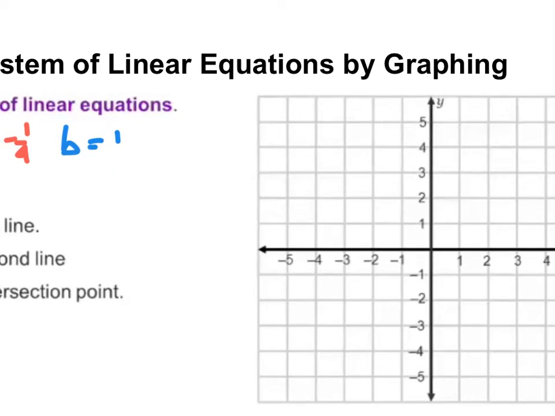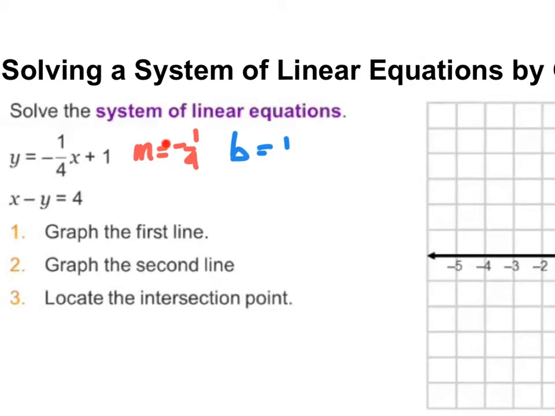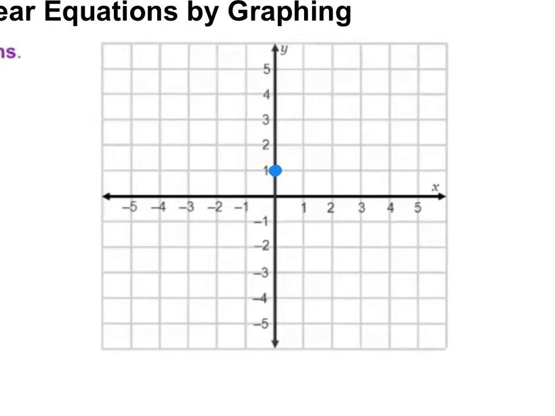So go to my y-intercept, find 1, and then I'm going to plot my next points by doing the slope of negative 1/4. So I'm going to go down 1 and then over 4. And then I'm also going to go up 1 and to the left 4 units and plot those points. All right, so I'm going to connect those like so and like so. Okay, so you get the idea.